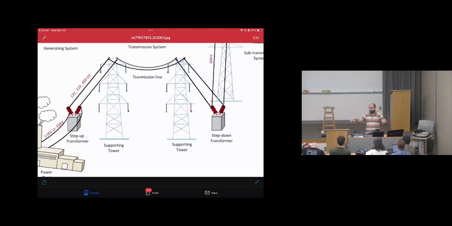In the middle, there will not be any loads. It will go from point A to point B. So I can guarantee they will all be balanced because there is no load connected, right?